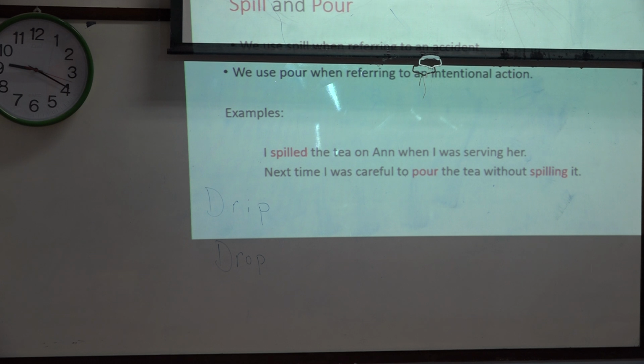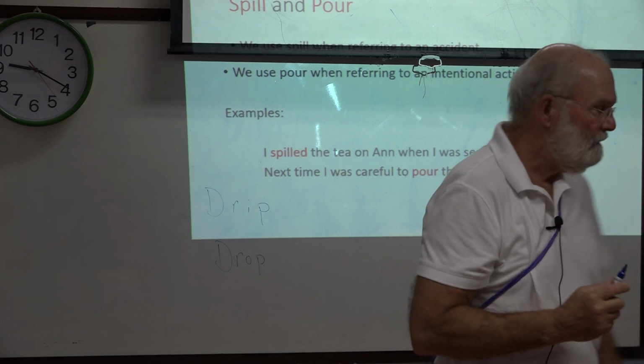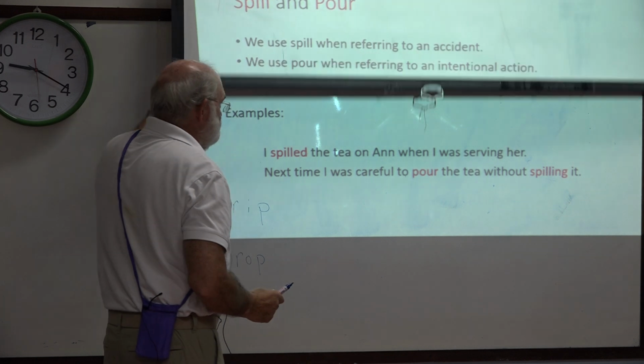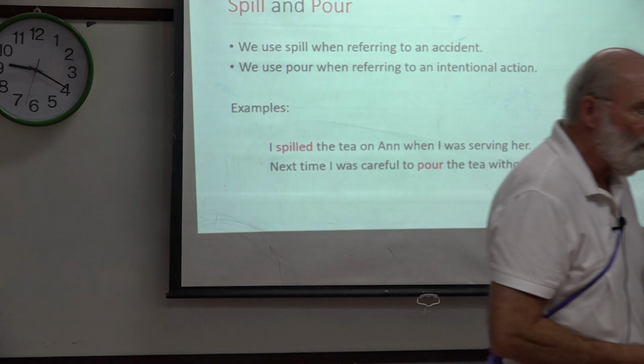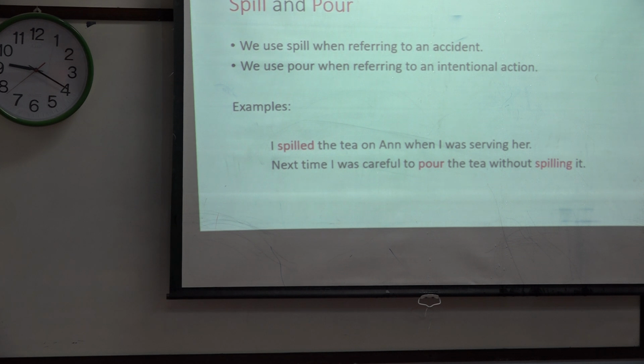The difference between drip and drop is drip is liquid, drop is a solid. Okay? And so spill is an accident. Pour is something that we do intentionally. We mean to do it. We did it on purpose. Okay? Spill and pour.